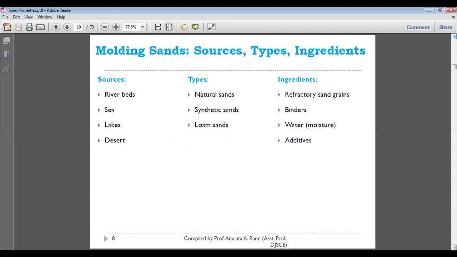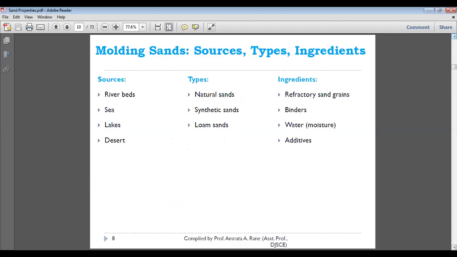So molding sands are the basic molding material that are used, and they are very much used. Molding sands are found in river beds, river bottoms, sea bottoms, lake bottoms, and deserts. These are the four sources of molding sand.